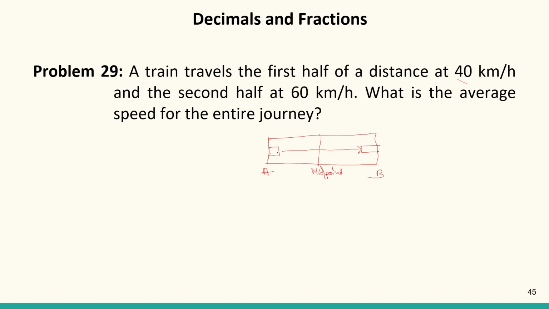First the train goes from A, so let's name the midpoint C. So A to C is at 40 km per hour, and from C to B it is restricted to 60 km per hour, nothing less, nothing more. It asks what is the average speed of the entire journey.